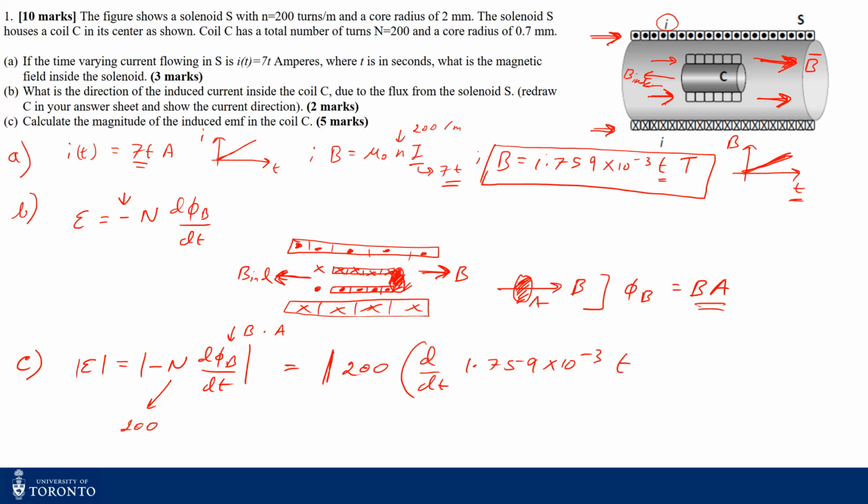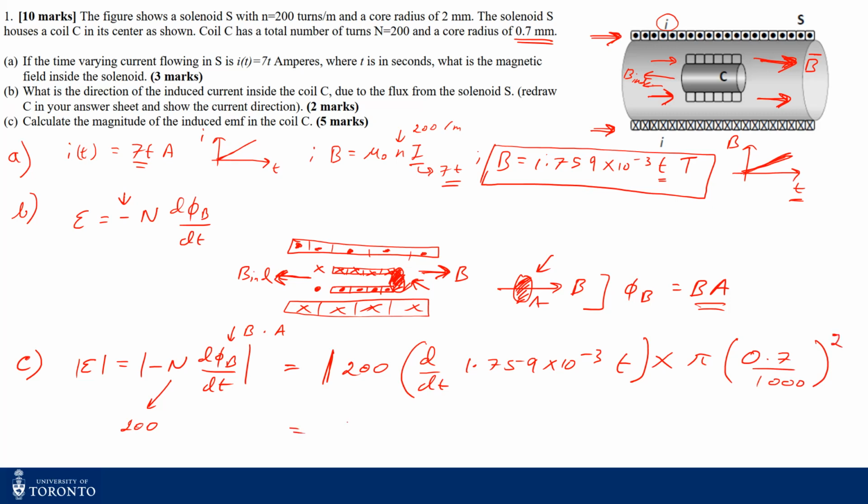It's a variable of time, times area. Now the area is the area of the internal coil, remember, because that's where the induction is happening. So that's pi r squared. What's the radius of the internal coil? It's 0.7 millimeter, so I'll just convert this to meters.